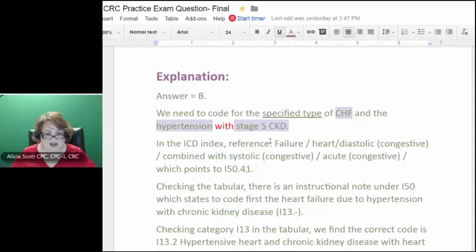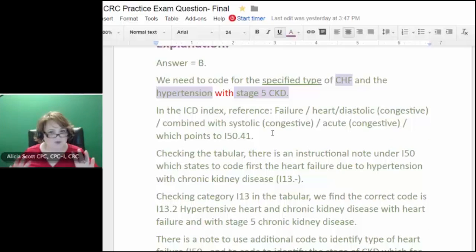Okay, so the key words I already said were a specified type of CHF. That was a pertinent thing. Hypertension with stage 5 CKD. Okay, so the rationale here, and I'll show you where the little tricky part is, because I actually looked at this one and tried to eyeball it without looking up in the index or anything.